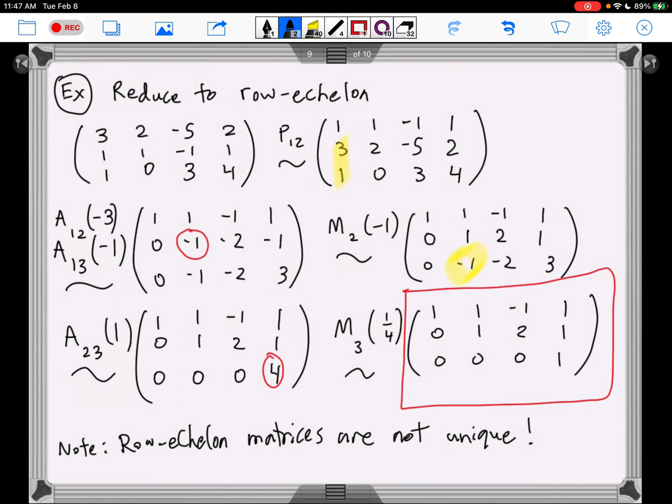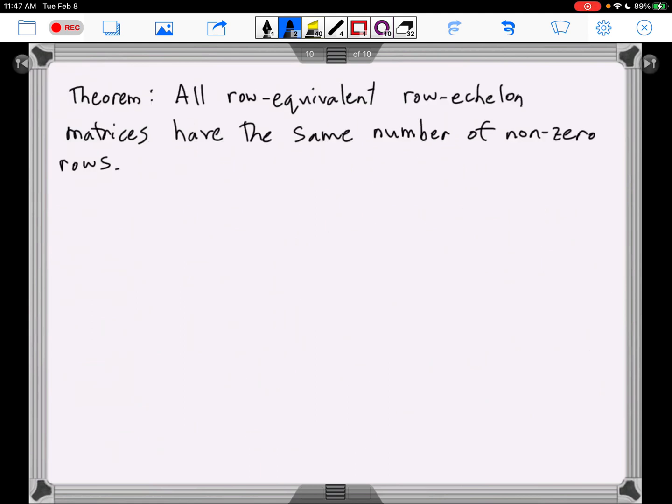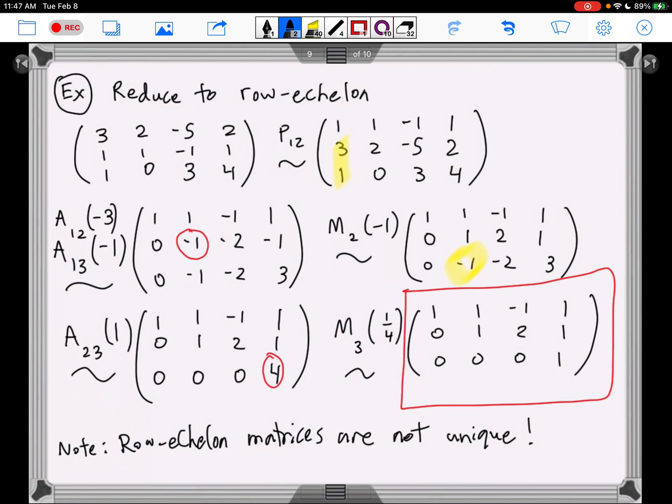There's not a unique answer here. However, there is something that they have in common, and that's what the theorem says: all row-equivalent row-echelon matrices have the same number of non-zero rows. Same number of non-zero rows. So let's look at this last problem. This last problem had 3 non-zero rows.